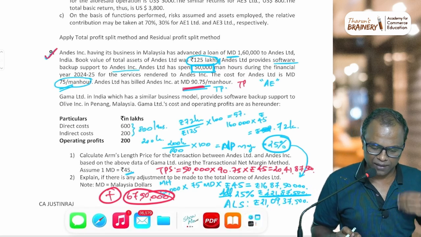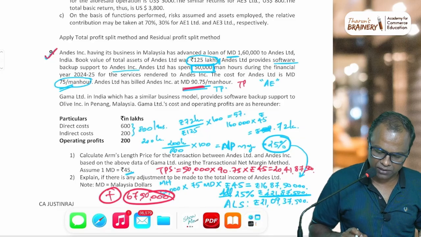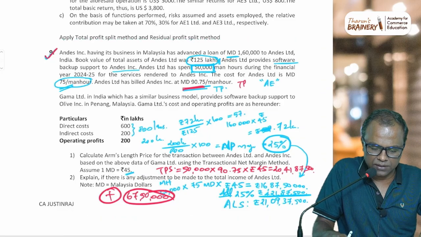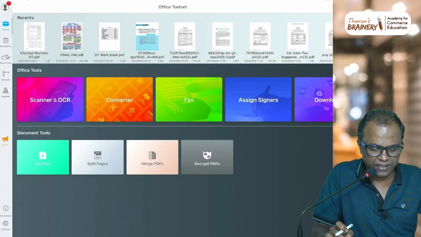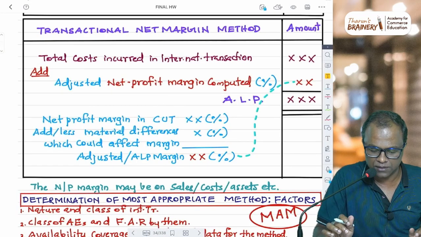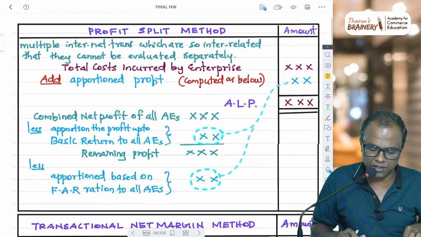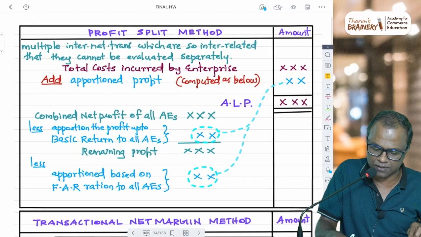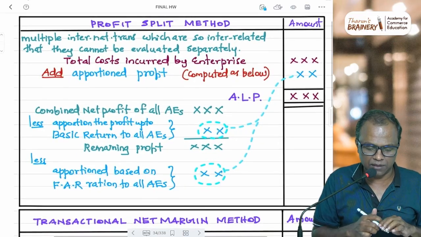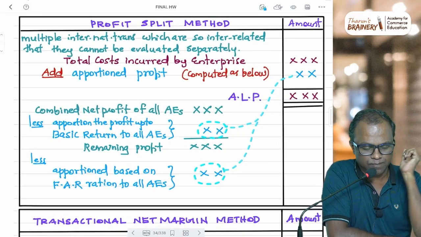Practical application is also very rare. Examination they never asked, but in detail in the study material they are explaining the concepts of profit split method. As their detailed discussion is there, it's a warning, it's a possibility they may ask a profit split method question. So I will explain how it will be computed.